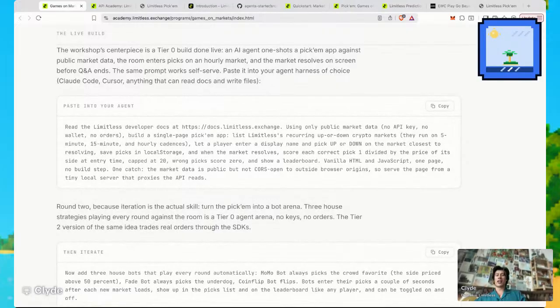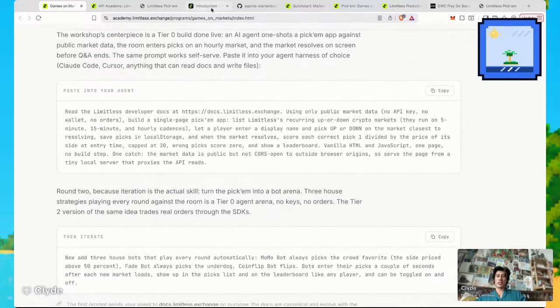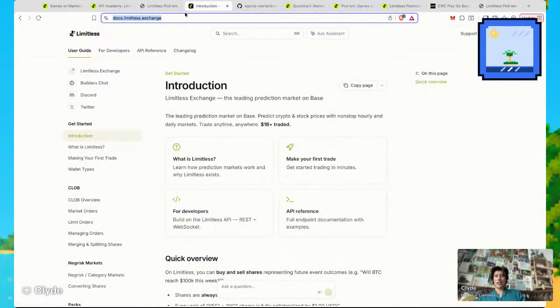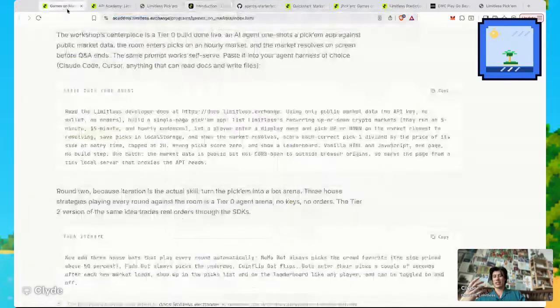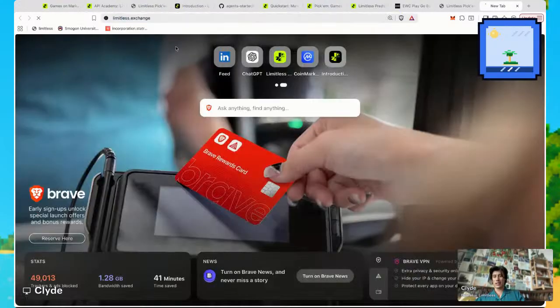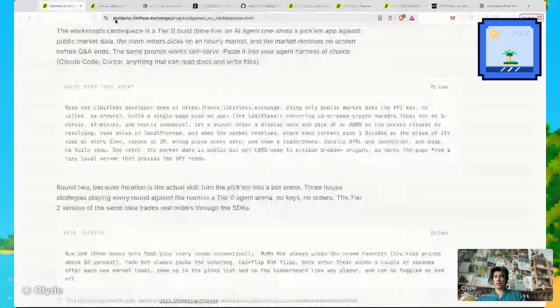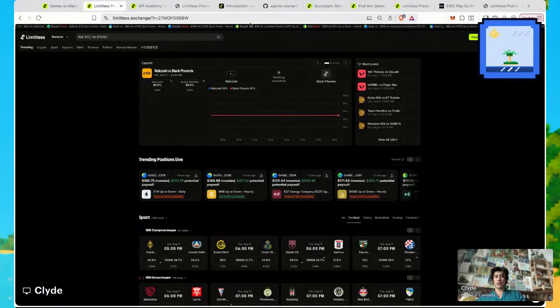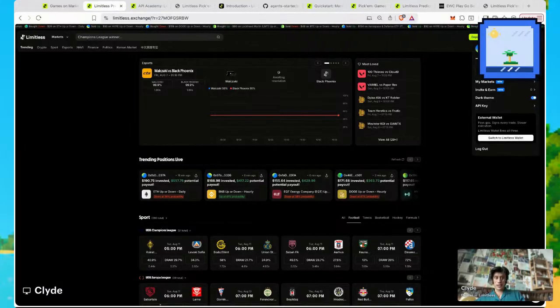One other thing I'll touch on before we wrap up is a quick demo on how to go past this initial stage of just using public data. If you want to interact with Limitless in a deeper capacity as a dev, one of the best ways to do so is using an API token, and I'm going to show you how to do that.